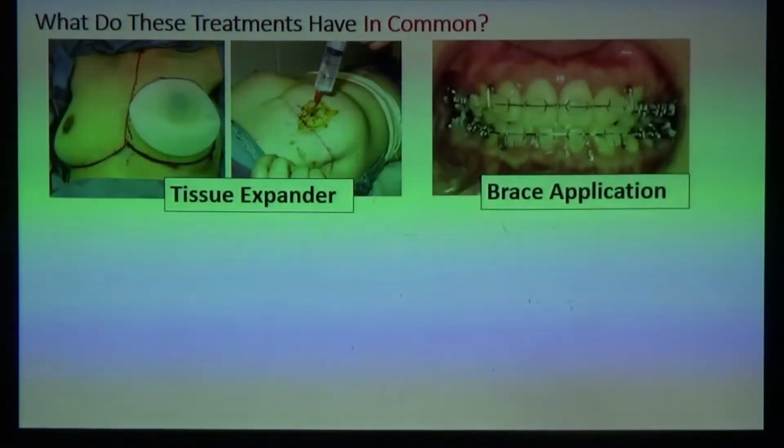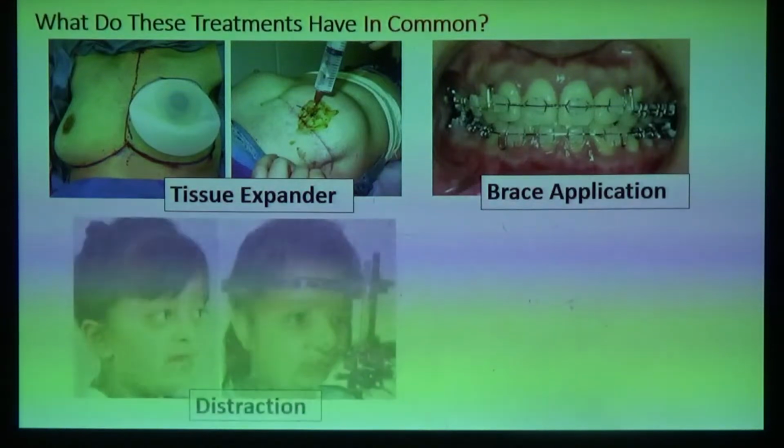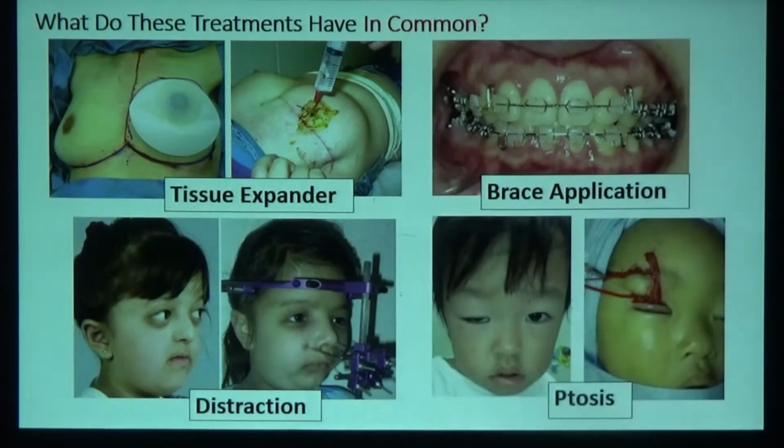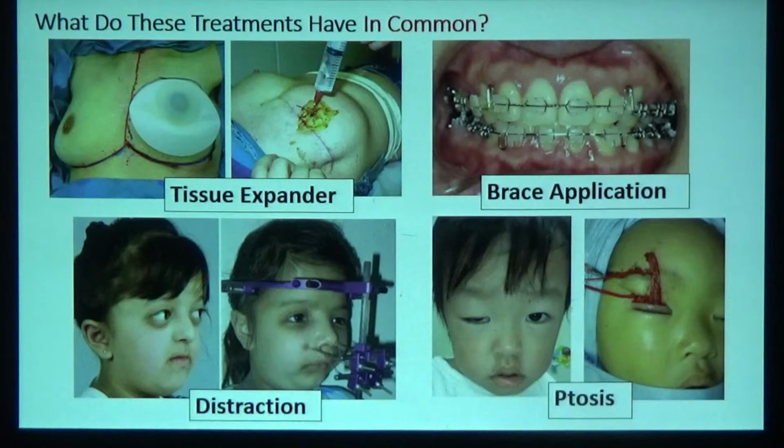Second, application of braces to correct teeth. Third, destruction of the upper jaw for craniosynostosis. Fourth, correction of eyelid ptosis with fascial transplantation. My question is, what do these 4 treatments have in common?